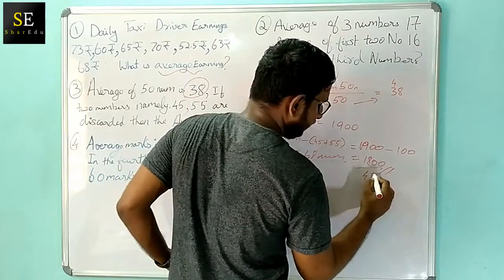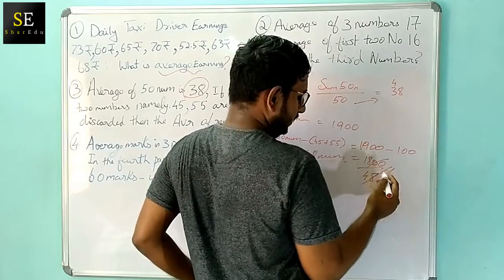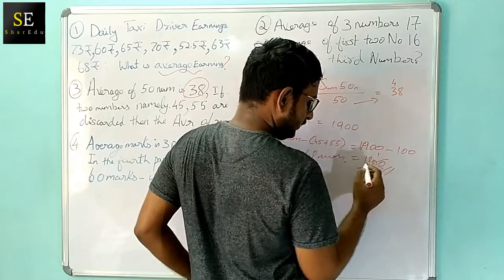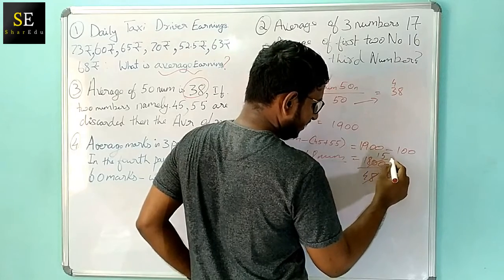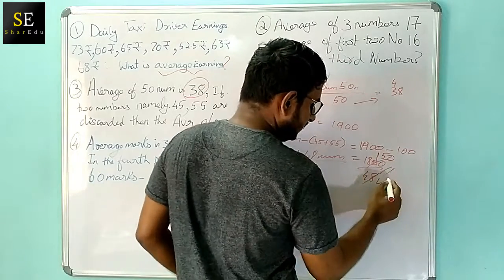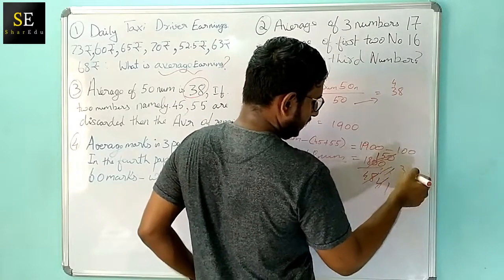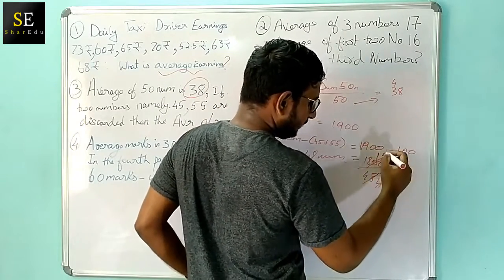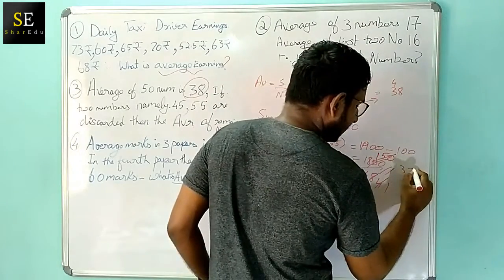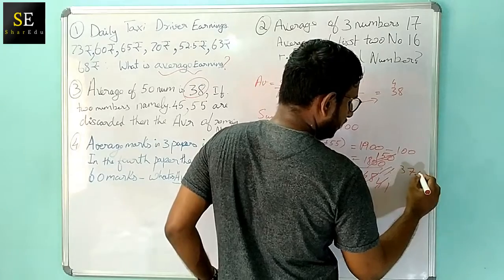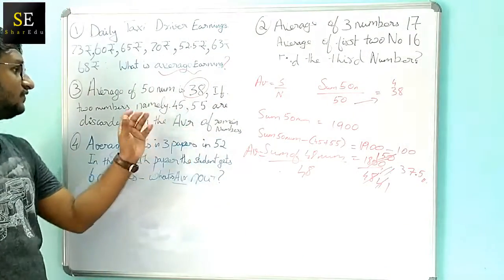If we divide this by 48, we can divide this by 12. 12 4s are 48, then 12 150 I guess. 12 1s are 12, then 6 5s are 30, then 0. So 150, then 4 1s are 4, 4 3s are 12, and 7s are 28. So 37.5 is the new average of the remaining numbers.